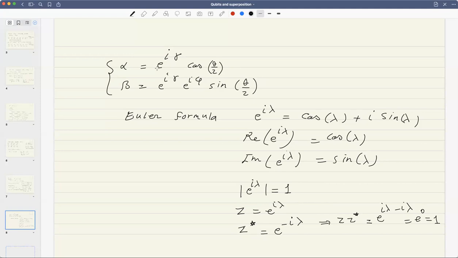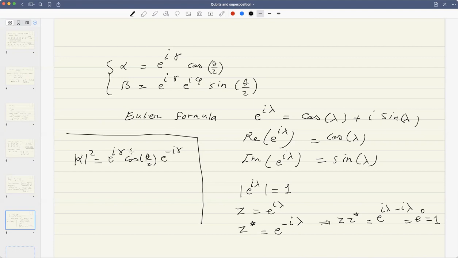So armed with this, it's going to be very easy to verify that this parameterization always gives a normalized state. So how do I think about this? Well, let's write alpha absolute value squared is going to be alpha times its complex conjugate, right? So it's going to be e to the I gamma cosine theta over 2 times e to the minus I gamma cosine theta over 2.